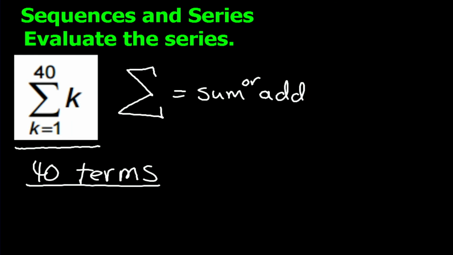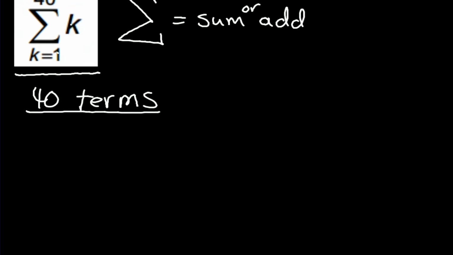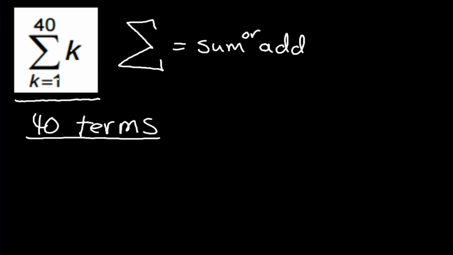And here's the equation that simplifies this process. Whenever it's set up like this, where we're substituting in a number for k, and we're going up to a specific number, the way it looks is this. We write it in summation notation, or sigma, when k is equal to 1 to n of k.